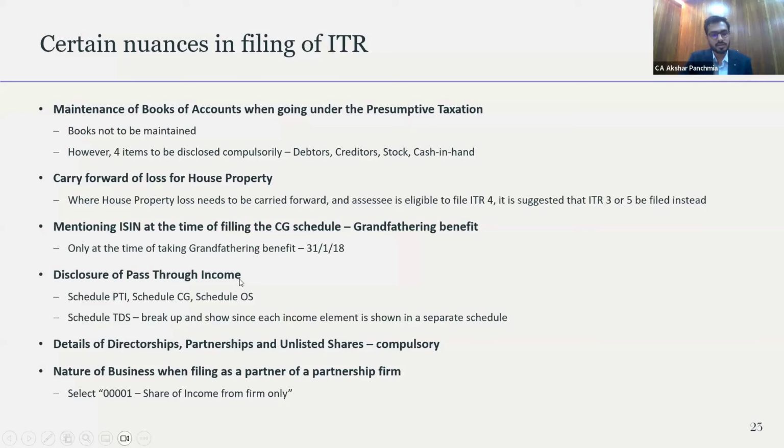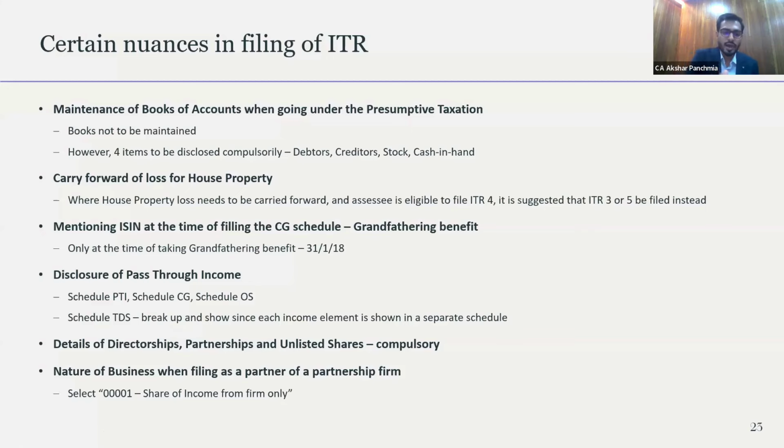Schedule TDS will also require a breakup of the different elements. If you check your 26AS, you will get a combined line item and it will say, okay, so and so fund has paid you this much, deducted so much TDS, and this is the amount of TDS.